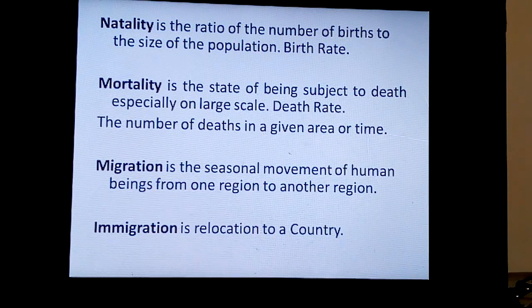They came from their native place to dwell in the city called Bangalore. That act is called migration. Immigration is a relocation to a country. Now we are seeing many immigrants are going to come by airlift, isn't it? So immigration, I think you got an idea.